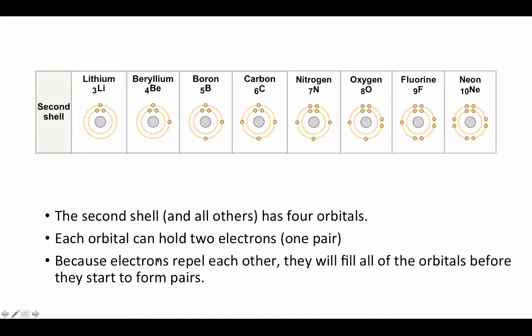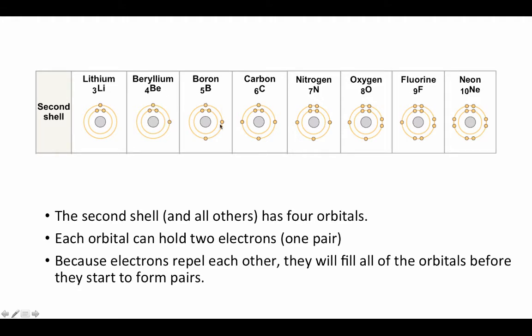Because electrons repel each other, there's going to be 1 electron in each orbital before they'll start to pair up within an orbital. They don't want to have 2 electrons in the same orbital because they're going to repel each other. So they're going to get as far away from each other as possible. In lithium, there's only 1 electron, and it's going to occupy 1 orbital. Beryllium is going to have 2 electrons, and they're going to occupy 2 separate orbitals.